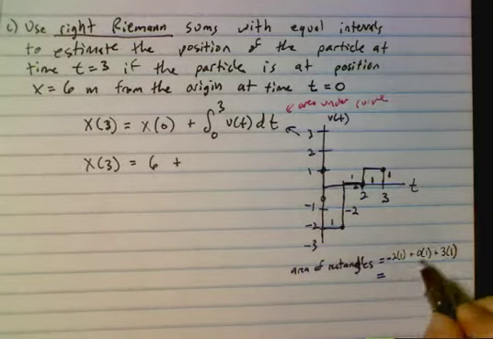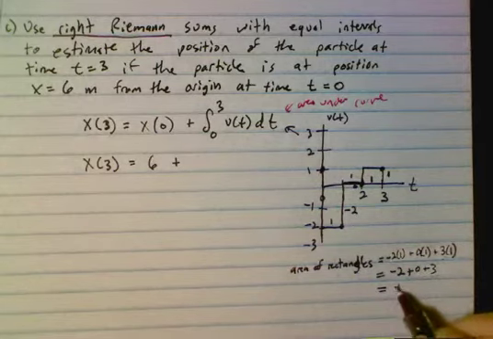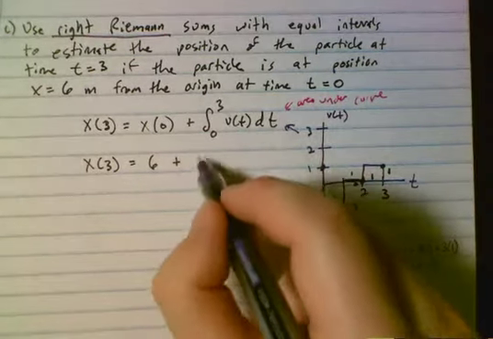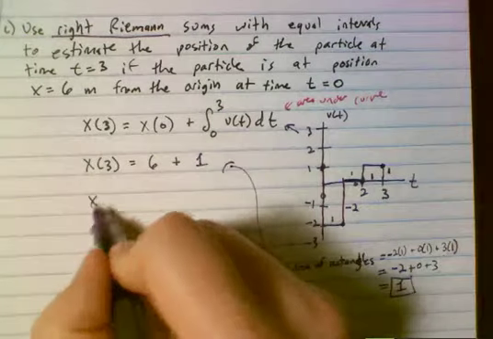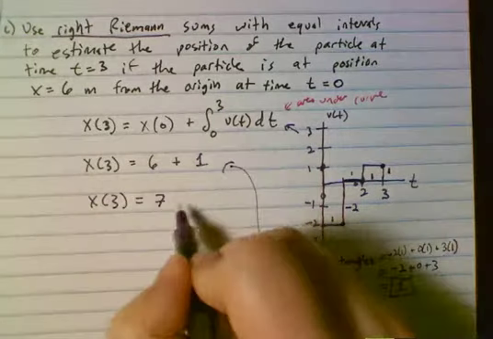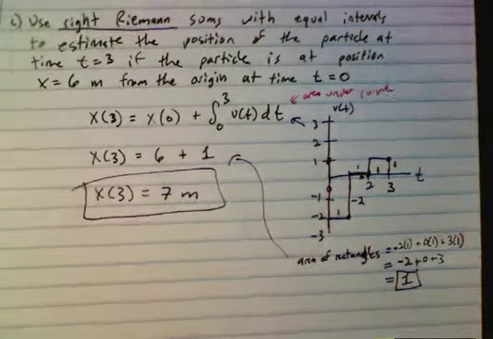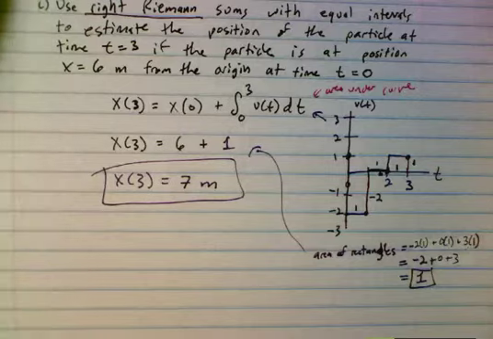The area of the rectangles is negative 2 plus 0 plus 1, which is negative 1... so that means this is going to be 6 plus 1. The particle is 7 meters approximately from the origin. And again, that's an estimate, but it's the best we can do given the information that we have.